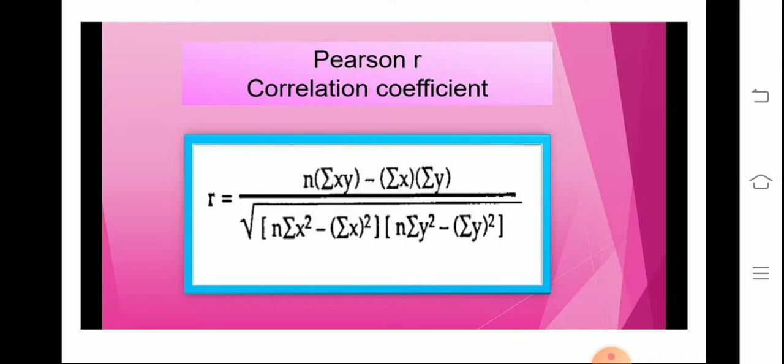We have r equal to n multiplied by the summation of xy minus the summation of x times the summation of y, all over the square root of the quantity n times the summation of x squared less the square of the summation of x, multiplied by the quantity n times the summation of y squared less the square of the summation of y.